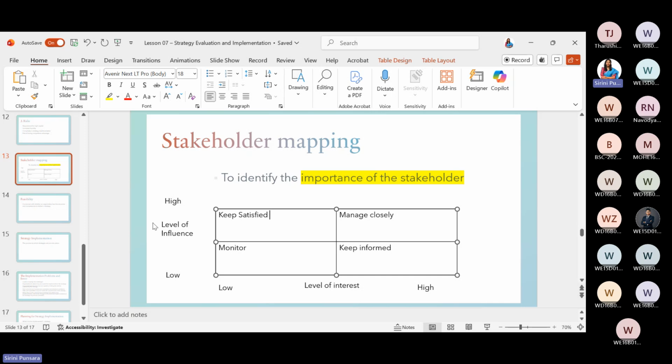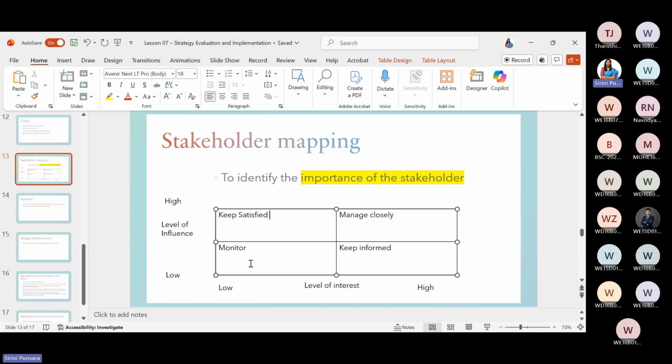The first one is level of influence, that means the extent to which they influence the company's activities, whether the level of influence is high or low. The other one is level of interest, that means the extent to which they are interested in the company, whether it is low or high. Based on that, we can categorize stakeholders into 4 types, right?